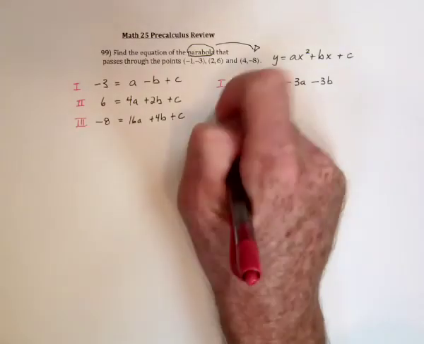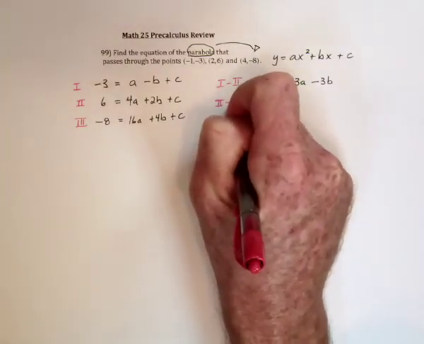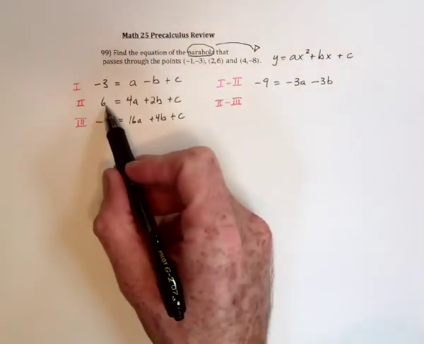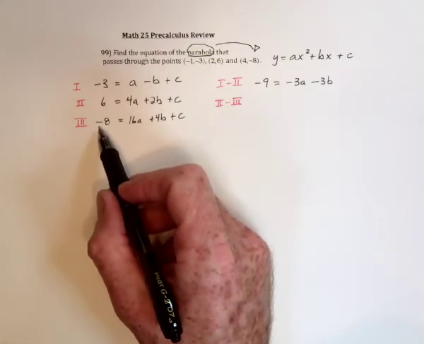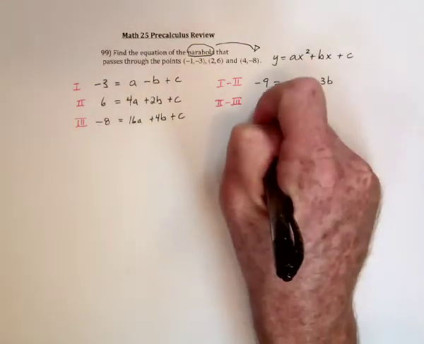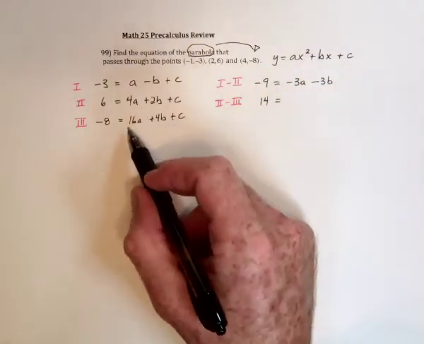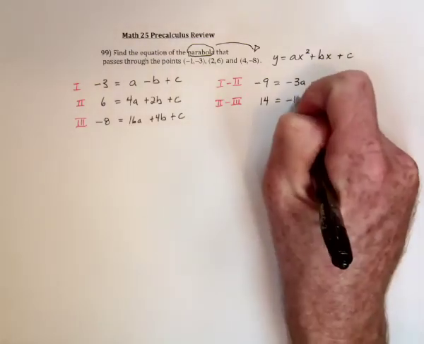Next, take equation 2 and subtract equation 3. So right here we would have 6 minus a -8 makes it positive, so 6 and +8 is 14. And then a 4a subtract 16a is -12a.